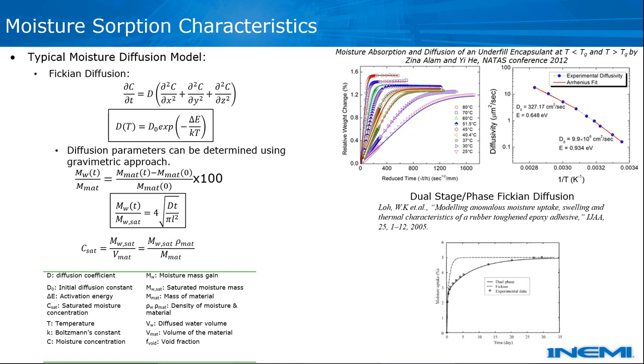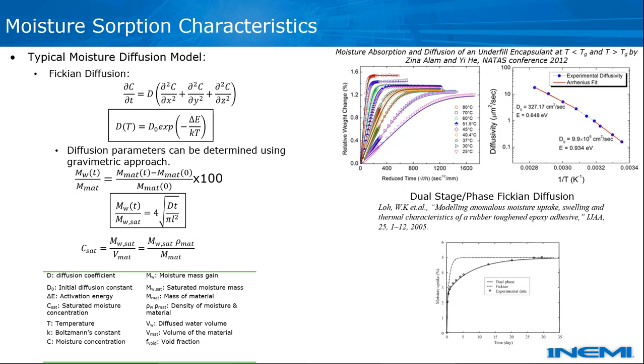The diffusivity describes the absorption or the desorption rate, where the higher the temperature, usually the steeper the ramp and the higher the diffusivity. The temperature dependency of the diffusion constant can be described by the Arrhenius equation that you see on the left, and you can use this equation to derive diffusion at any temperature we want, if you know the constants.